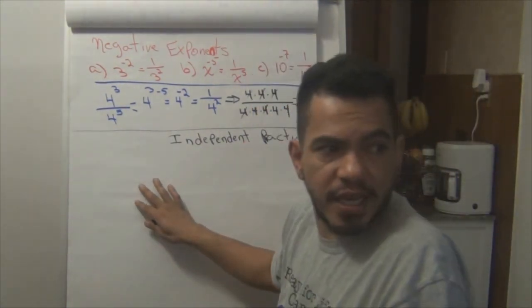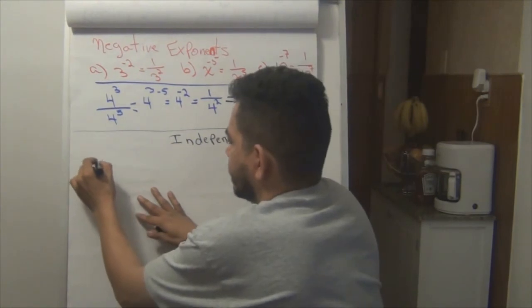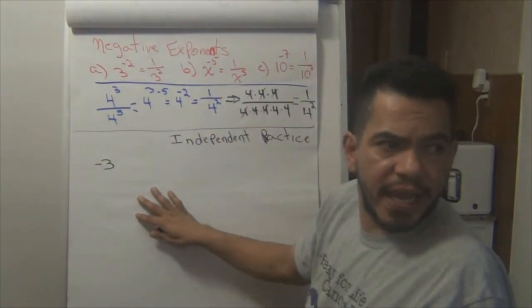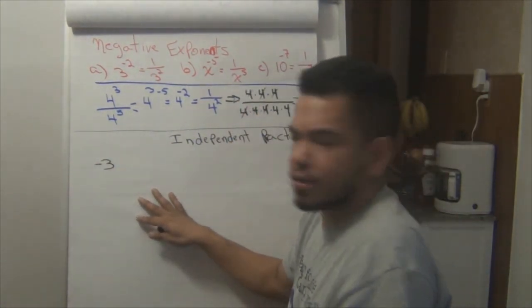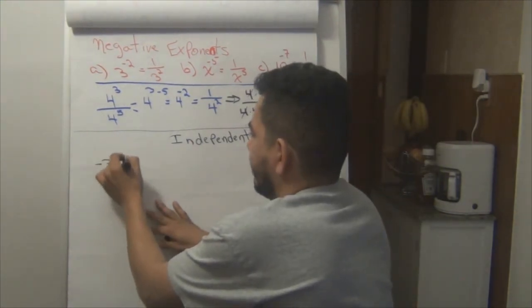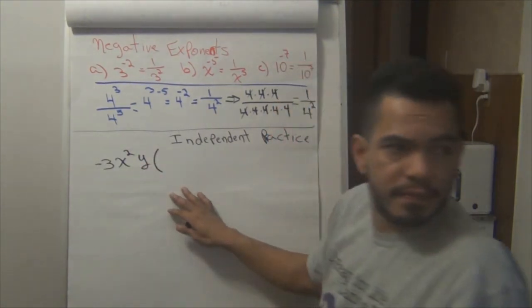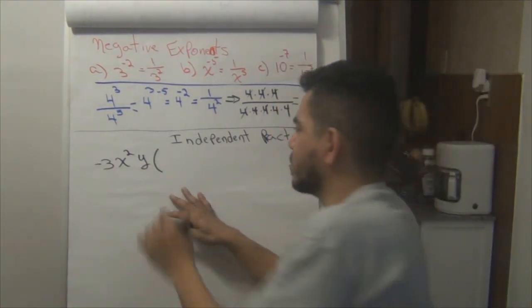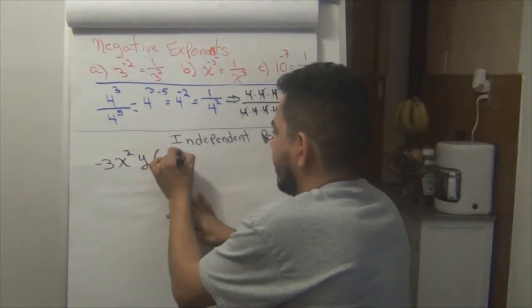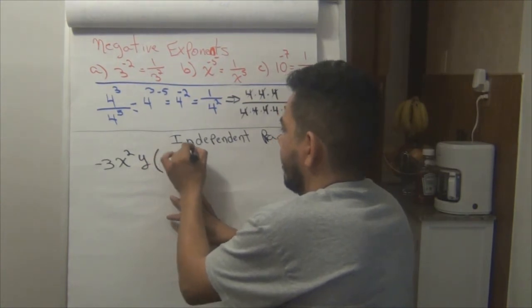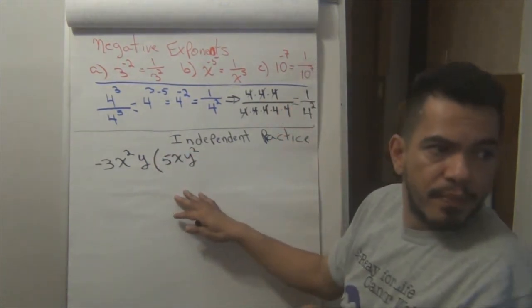So the first exercise is negative 3x squared y times 5xy squared plus xy.